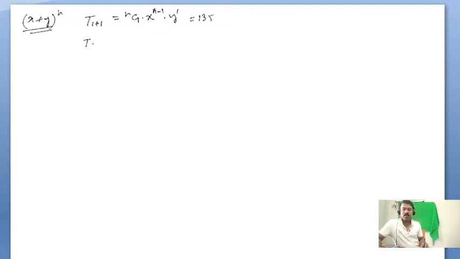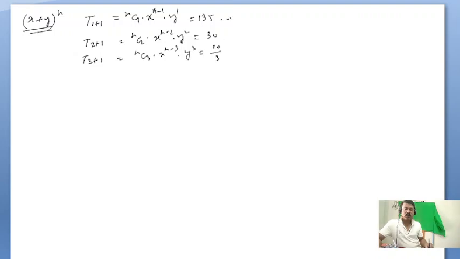Again, t(2 plus 1), that is nC2 x to the power n minus 2 y squared, that is equal to 30. t(3 plus 1), that is nC3 x to the power n minus 3 y cubed, that is equal to 10 by 3. We put here 1, 2 and 3.